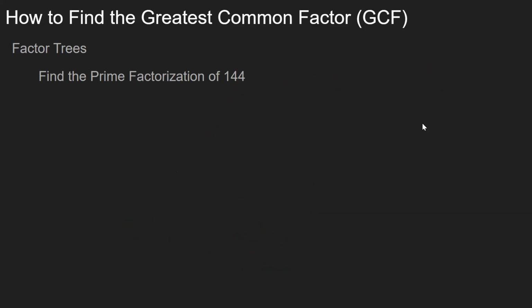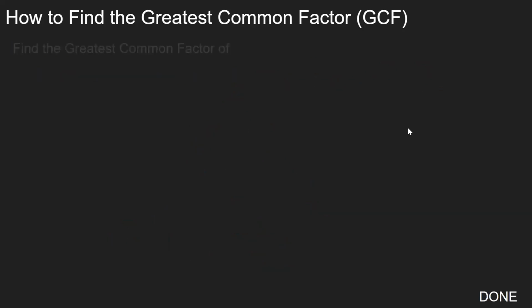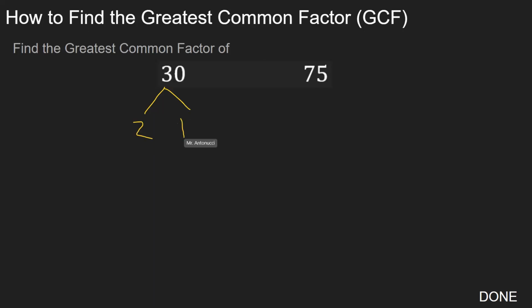Okay, so that's going to help us when we now find the greatest common factor. Let's start off with one that's pretty straightforward, 30 and 75. 30 is 2 times 15, and 15 is 3 times 5.